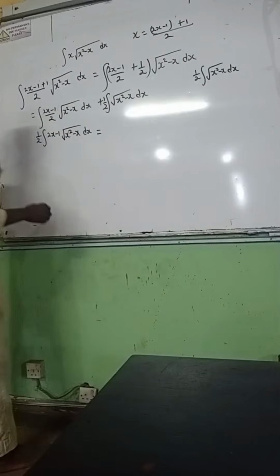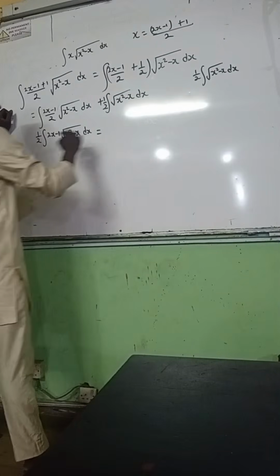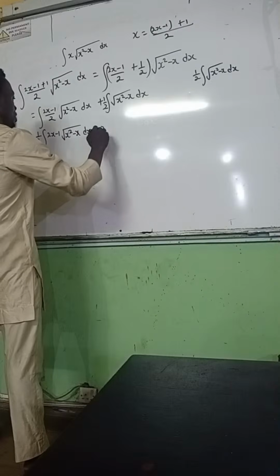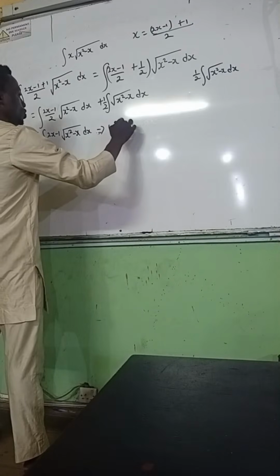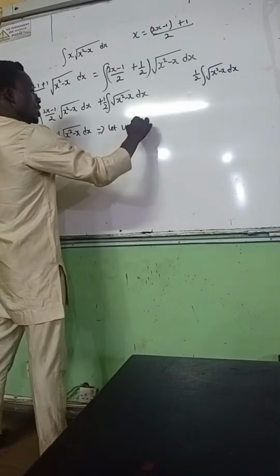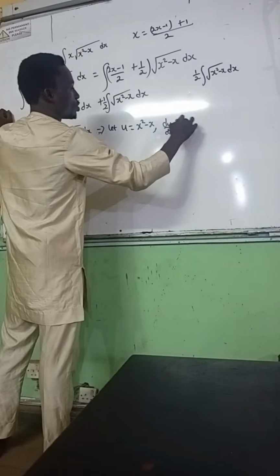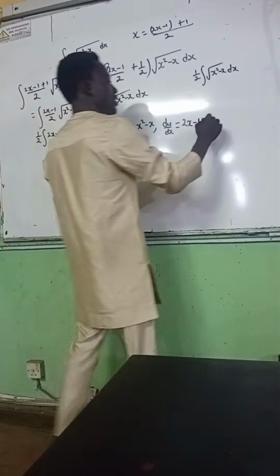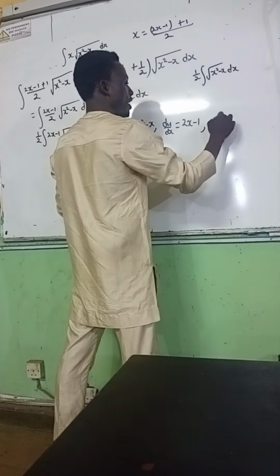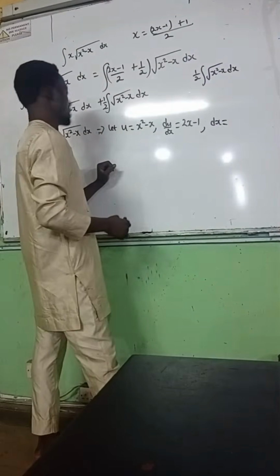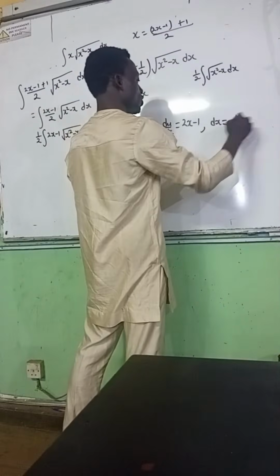Let u equal x squared minus x. Therefore du over dx gives us 2x minus 1. Therefore dx will be du over 2x minus 1.